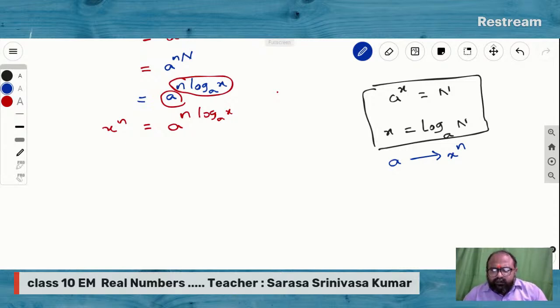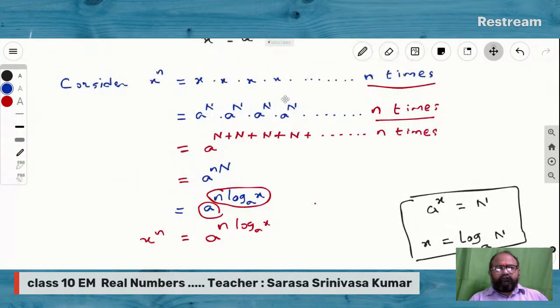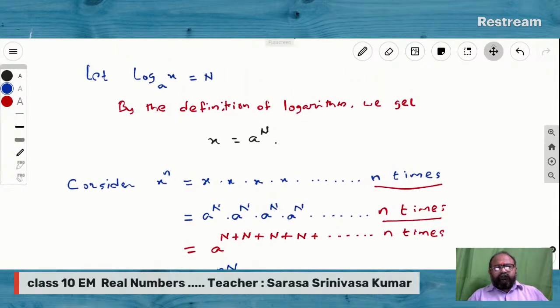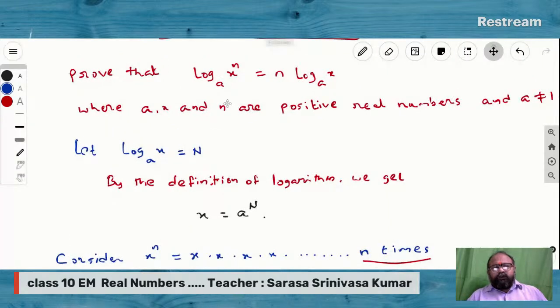So if a power x equal to n, then x equal to log n base a. Now we have proved that x power n equal to a power n log x base a. We have to prove that log x power n base a equal to n log x base a.